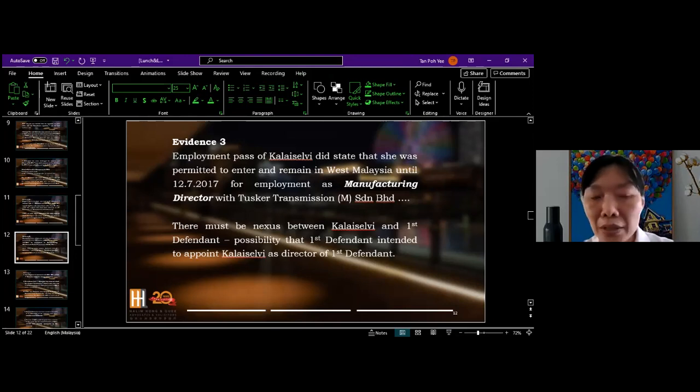So there must be a nexus, a relation, between Kalai Selvi and the first defendant. So there's a possibility here, on balance of probability, that the first defendant intended to appoint Kalai Selvi as director of the first defendant. All this is on balance of probability.